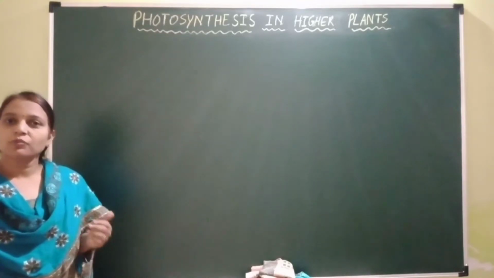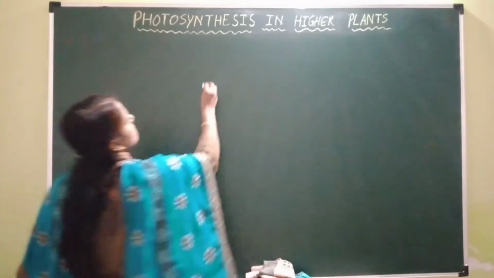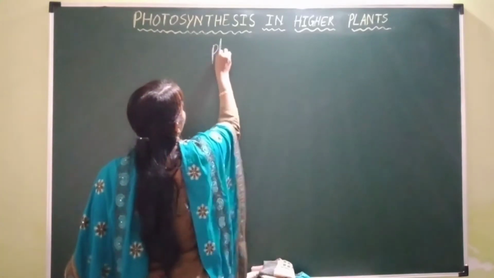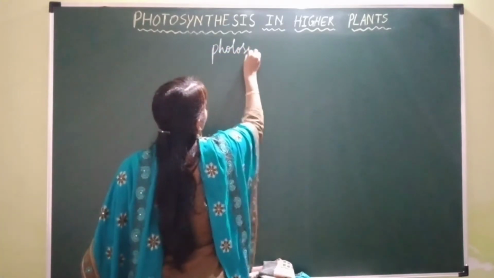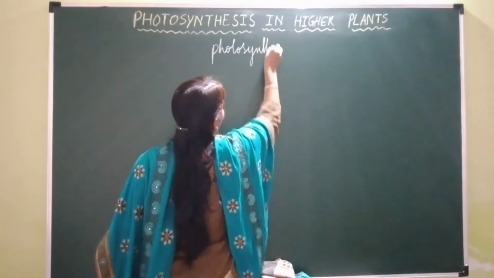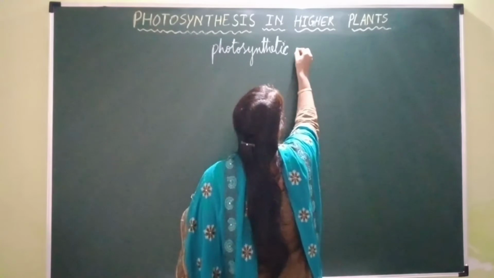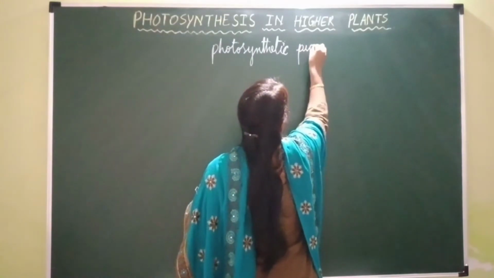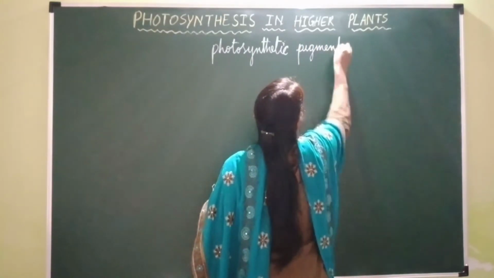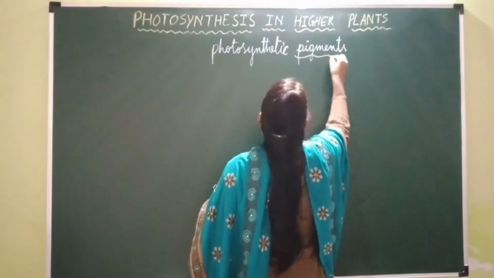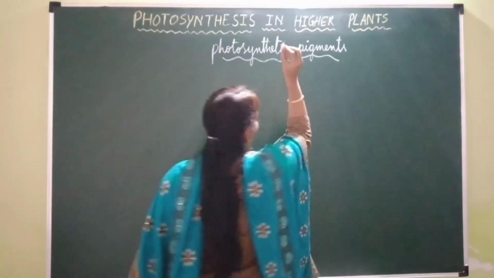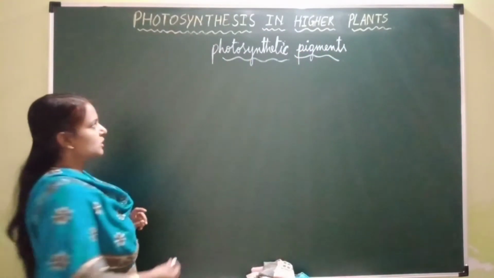So let's start with photosynthetic pigments now. There are three types of photosynthetic pigments.